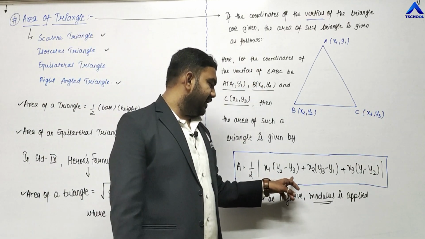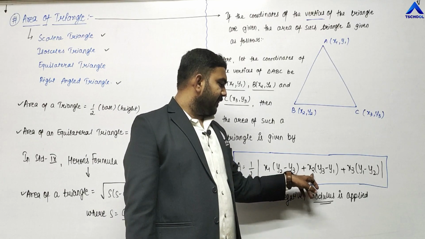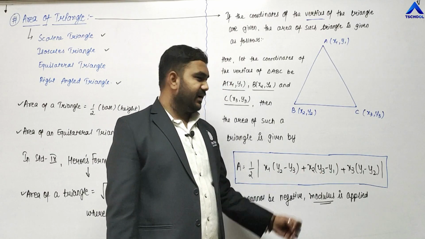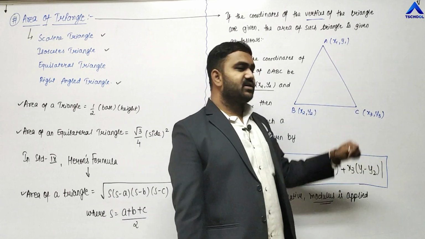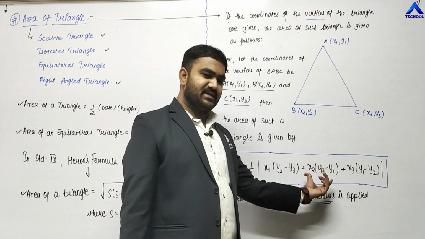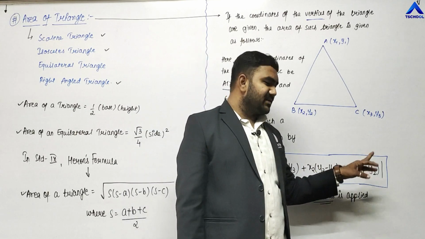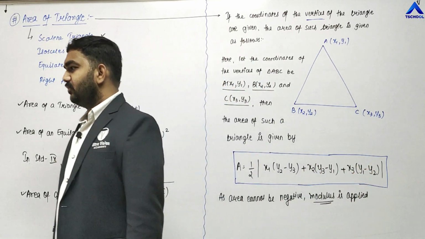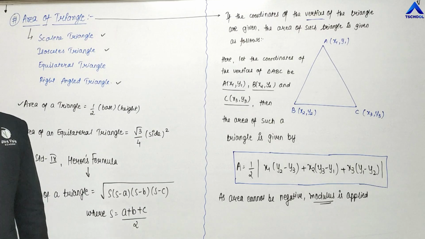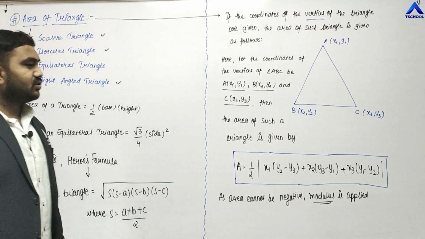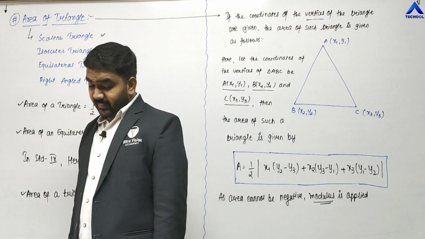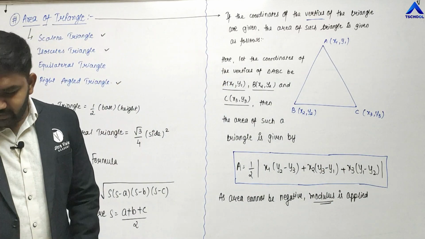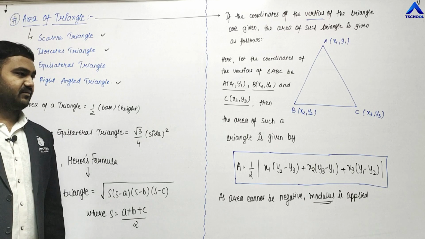So x1 into y2 minus y3, plus x2 into y3 minus y1, plus x3 into y1 minus y2. That gives the area of the triangle formed by the vertices A (x1, y1), B (x2, y2) and C (x3, y3).